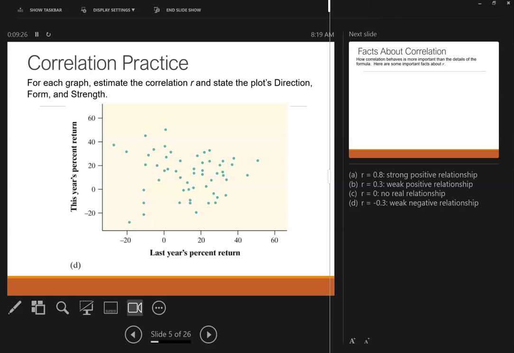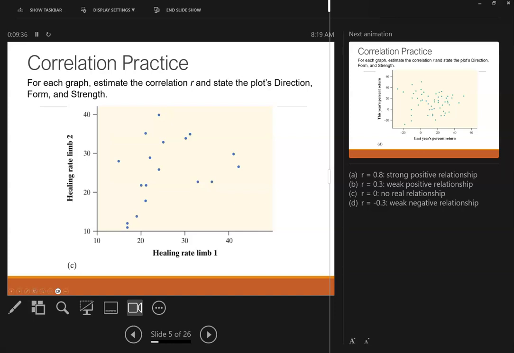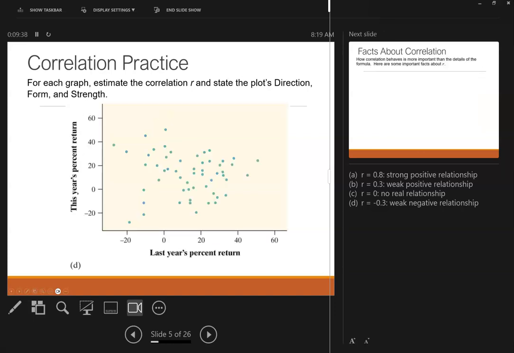I had negative 0.3 written down on my sheet for what this was. What's in a 0.1? I mean, it's not going to look much different than this. So if you can find any detectable up or down pattern, it's probably going to be closer to 0.3 than 0.1. But all we're talking about right now is building some intuition.